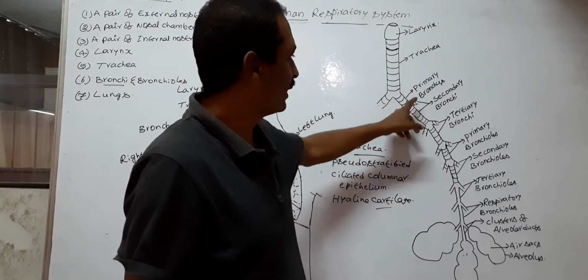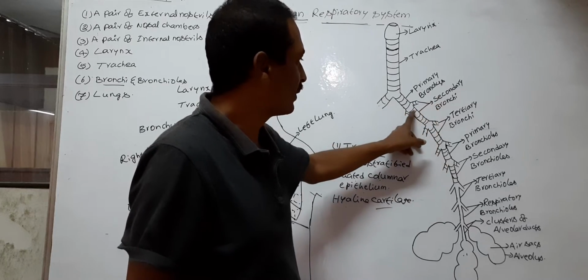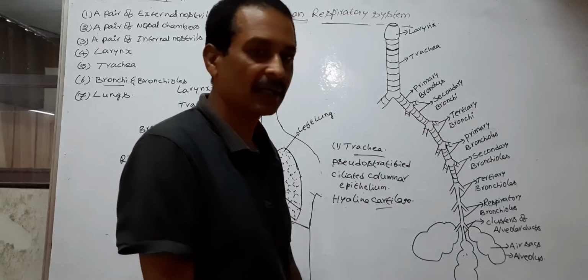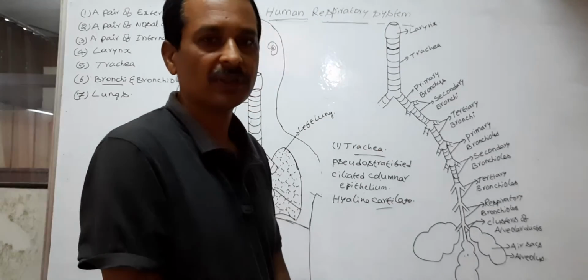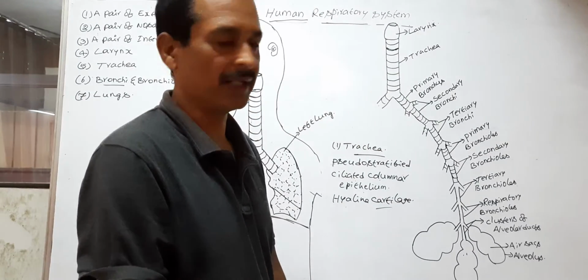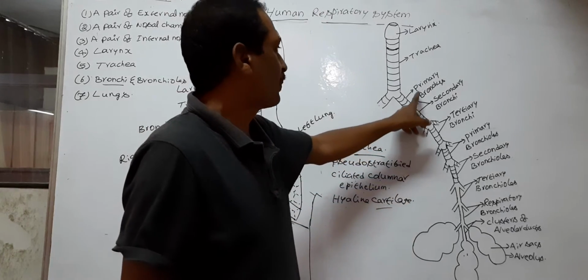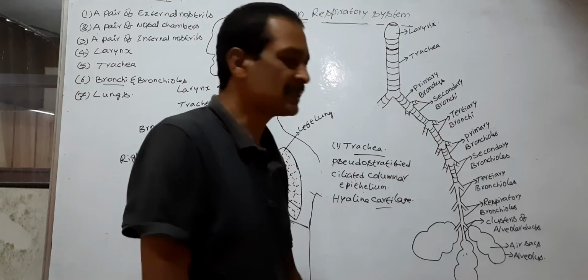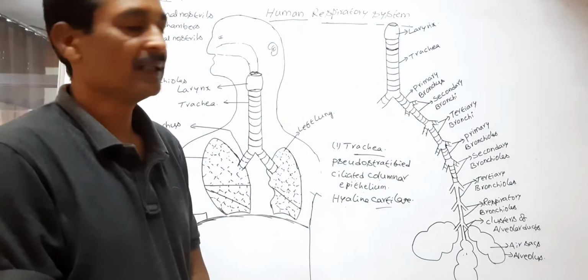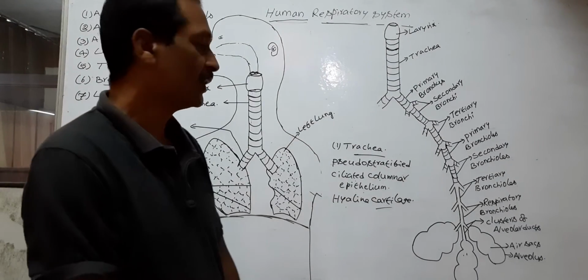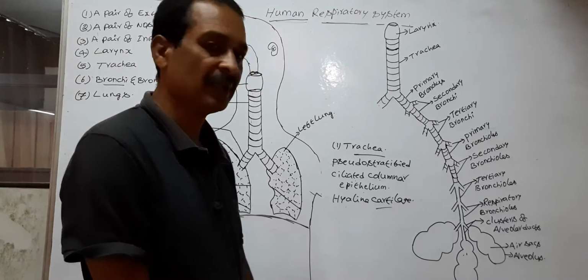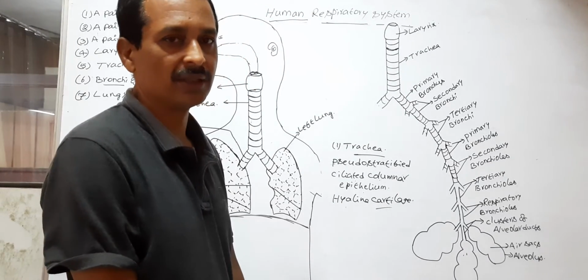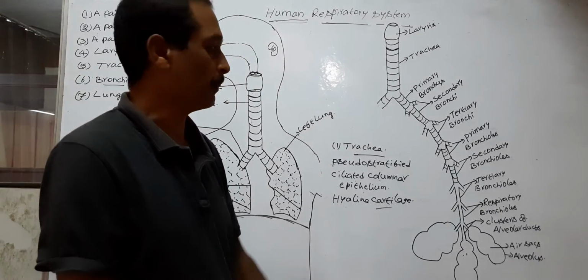Here, the primary, secondary, and tertiary bronchi are supported by C-shaped rings. The primary, secondary, and tertiary bronchi are internally lined by pseudostratified ciliated epithelium.